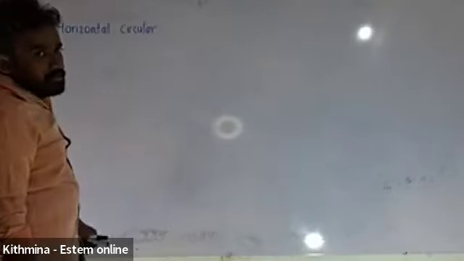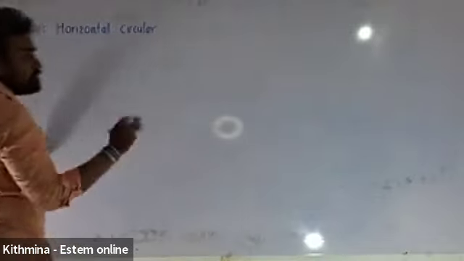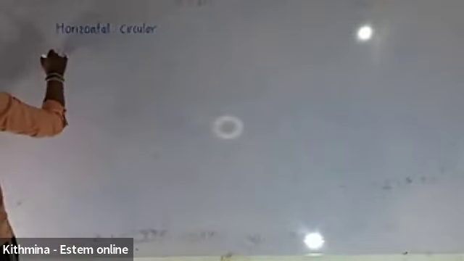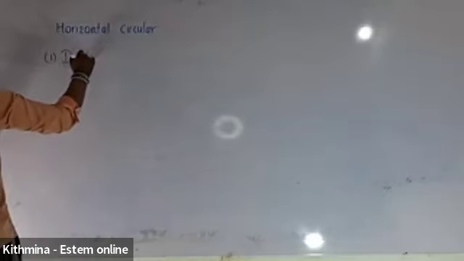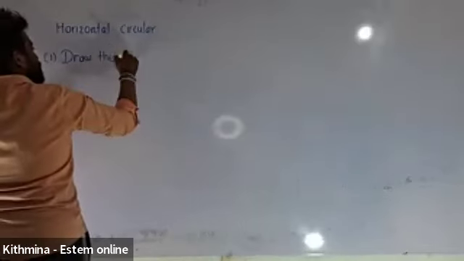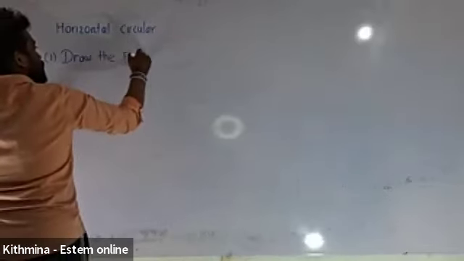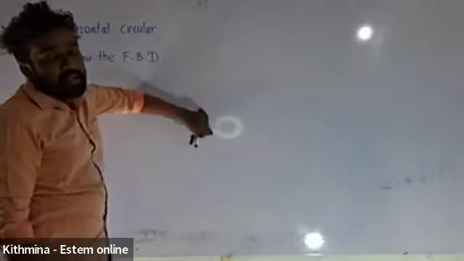If you are solving a horizontal circular motion, there are only three steps. First, draw the free body diagram.